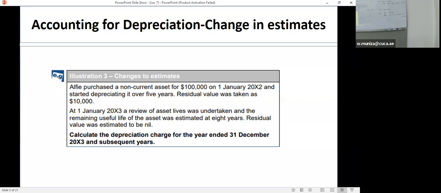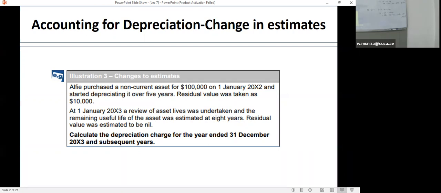Credit will be accumulated depreciation account. How much depreciation are we going to take? Cost minus residual value, 10,000, divided by expected useful life of 5 years. How much depreciation, students? $18,000. 18,000 depreciation is going to be taken.